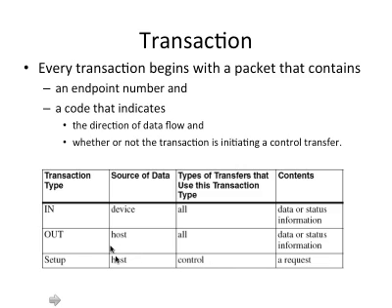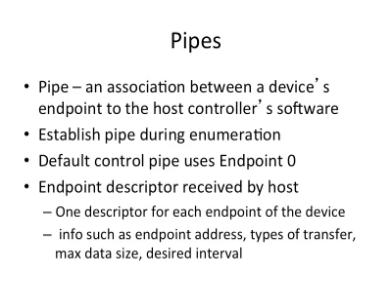For out type, this is coming from the host, and you can do data or status. For setup, it's from the host, and that's for control only. And that's essentially a request coming from the host to do the enumeration.